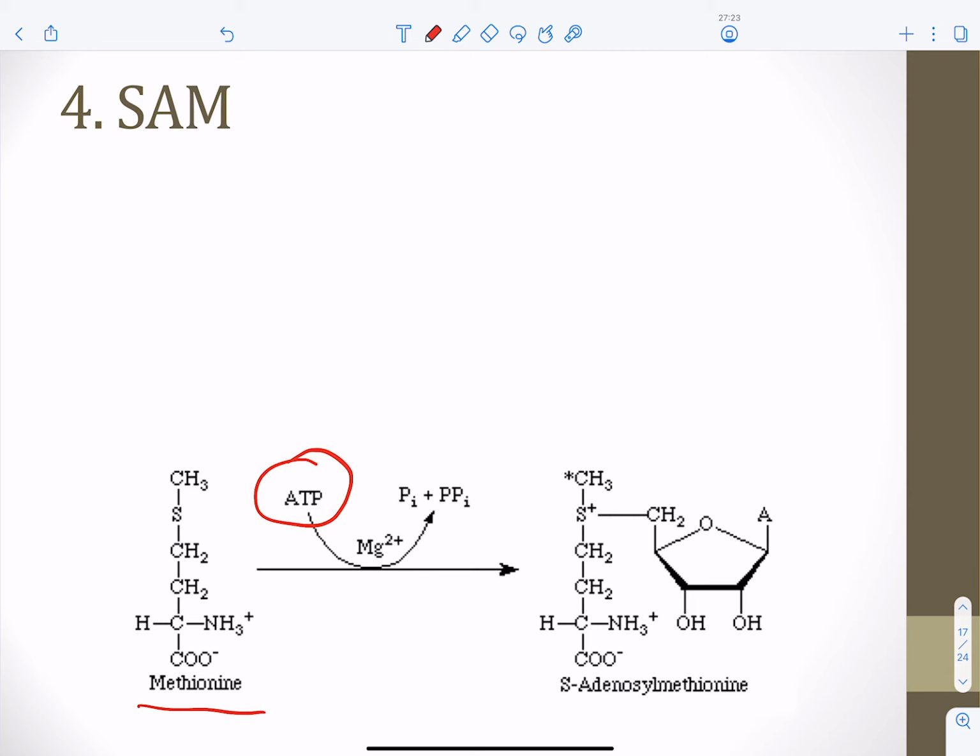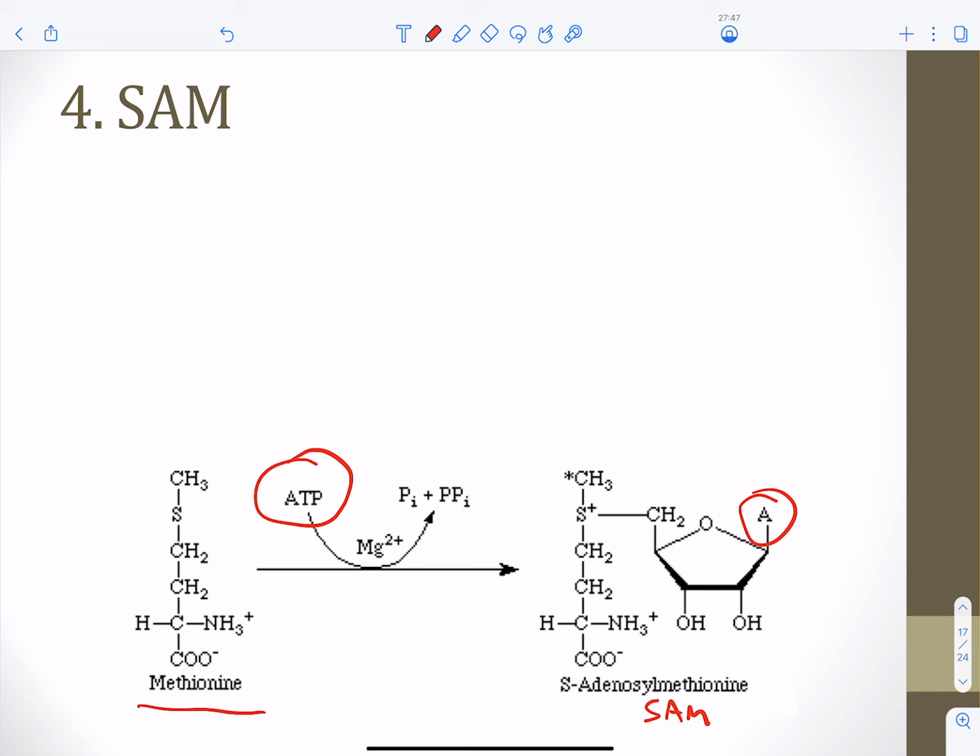And it's going to be produced when your adenosine triphosphate, your adenosine portion gets attached to your methionine and your triphosphate gets released. And so you have your ribose with your adenosine here, and this forms S-adenosyl methionine, or SAM.